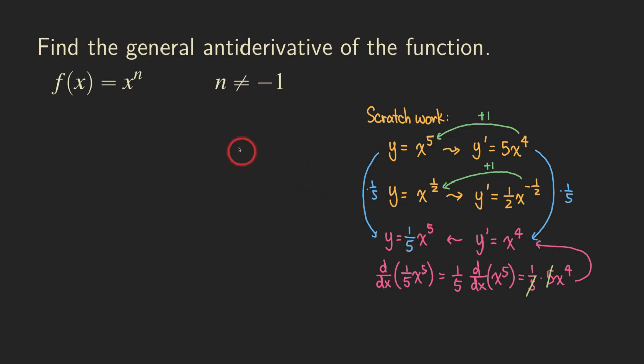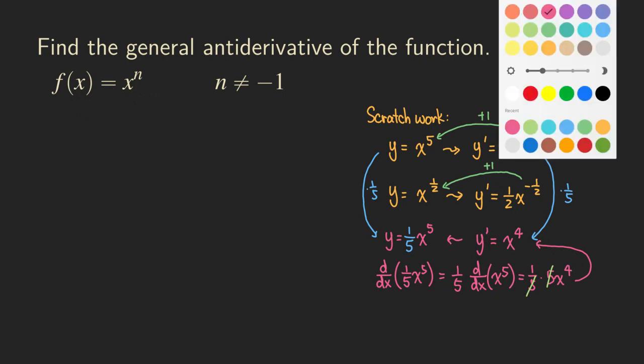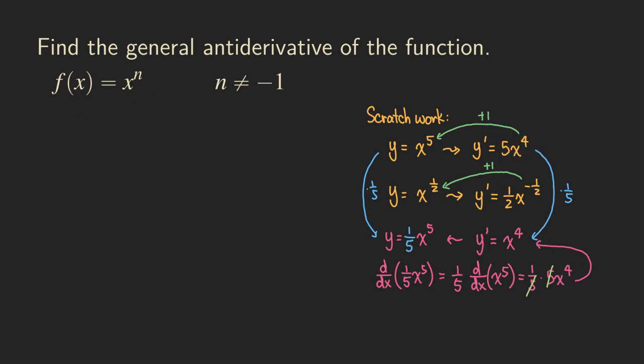And this works for any power function when n is not equal to -1. So now the general formula for finding the antiderivative of this function: we usually use capital F to denote the antiderivative of lowercase f. Based on whatever scratch work or pattern that we observe right here, first we are going to add 1 to our original exponent.